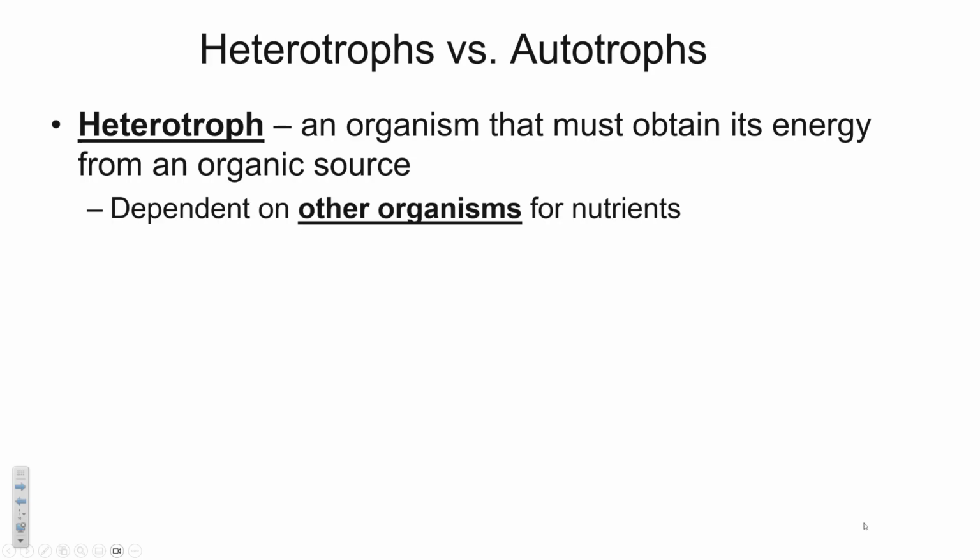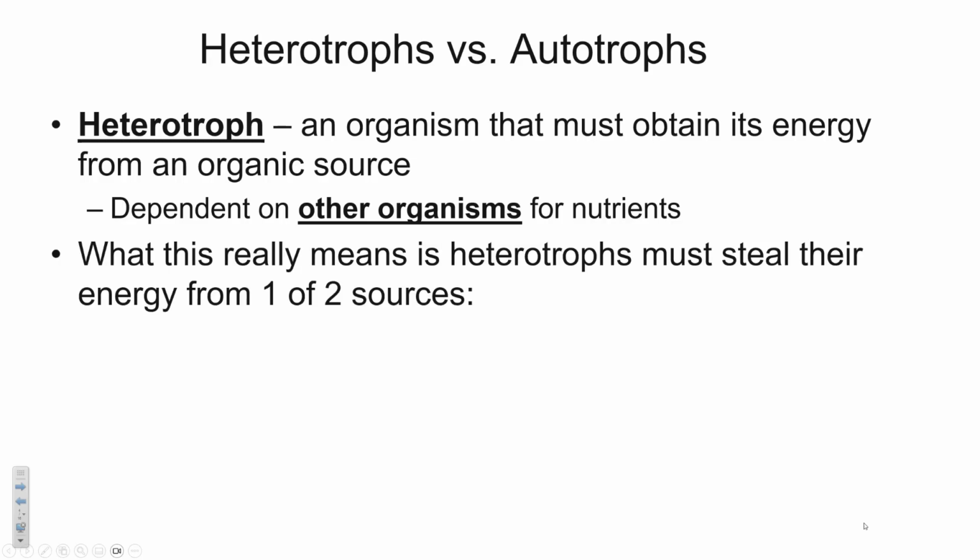In other words, they're dependent on other organisms for nutrients. So you and I, as human beings, we're heterotrophs, and all animals are heterotrophs. There can be different categories of heterotrophs, but broadly speaking, we have to get our food and energy from another organism.